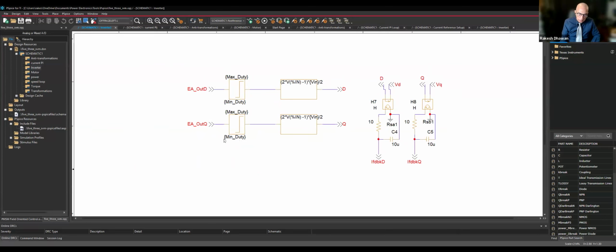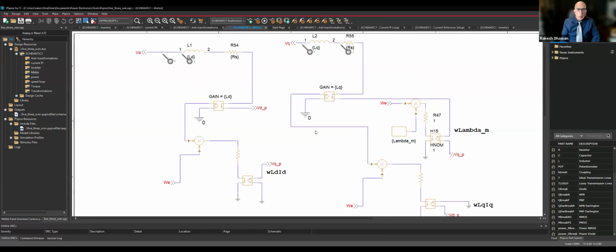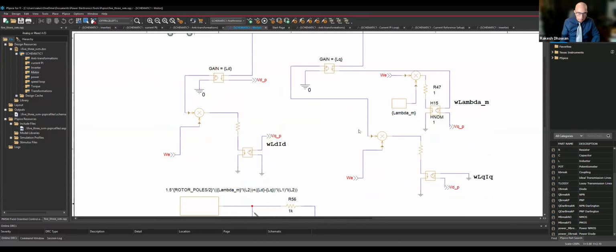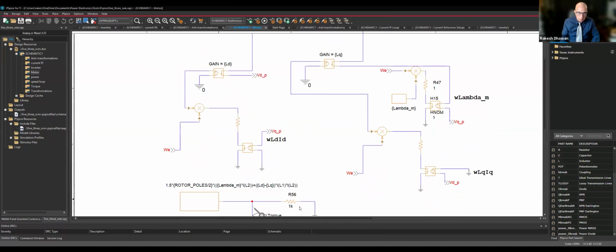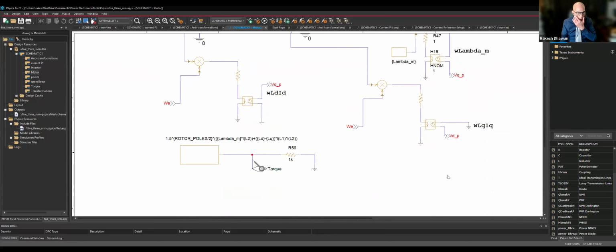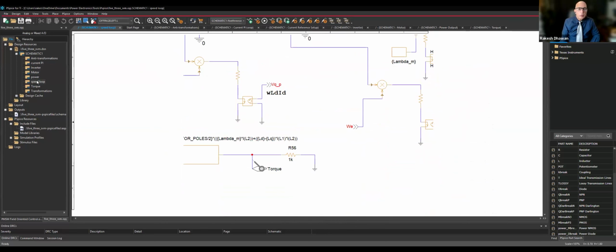But you don't need to do that because the output of the PI loop itself you can directly convert into VD and VQ. And the motor model here is a little complex in how it is implemented, but it's a working model, so you should be able to trace out how different voltages are connected together to form the voltage model. And then that is over.